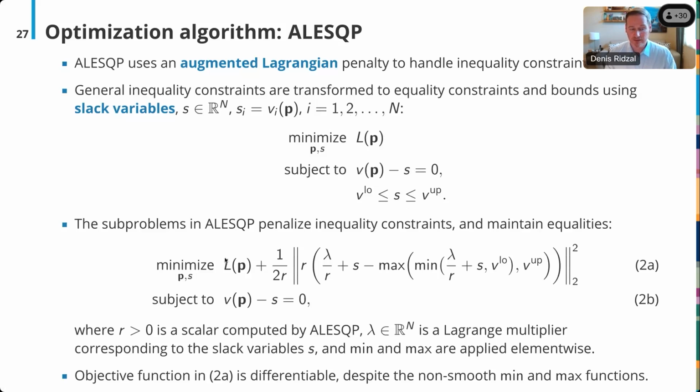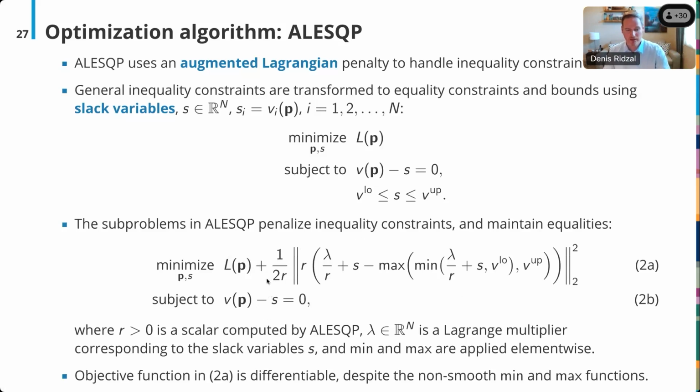The subproblems that are solved in this ALSQP method penalize these inequalities. For the bound constraints in this case, this is done through very simple min-max operations, which are just chopping operations. This is the penalty that is added to the original objective function. Then we're left with equality constraints only. So the idea is to solve a sequence of equality constrained optimization problems using sequential quadratic programming methods, SQP methods.